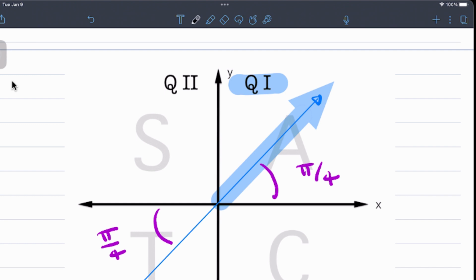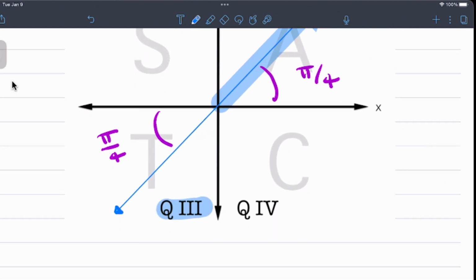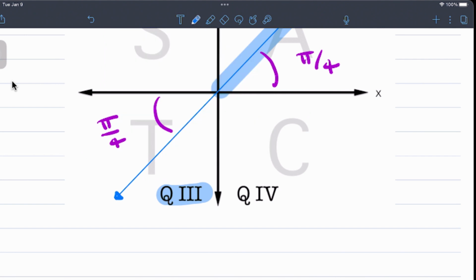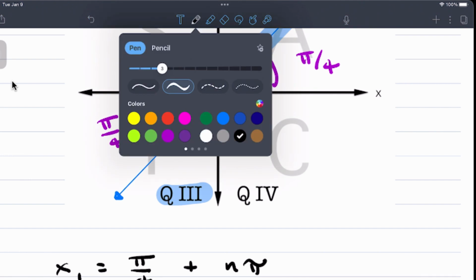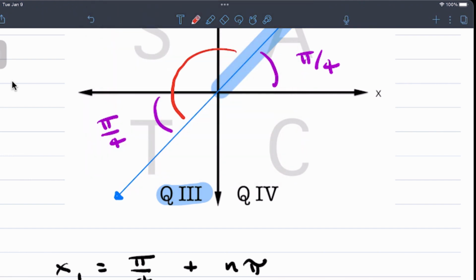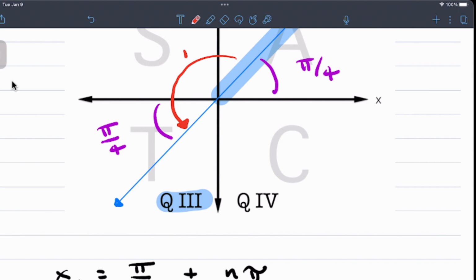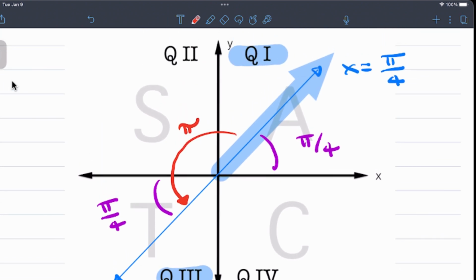Right? The reference angle is the angle for quadrant 1. So your first solution and your next solution for positive tangent, we could just say pi over 4 plus what? Plus n pi. Because this here is going to be what? The opposite quadrant solution again.